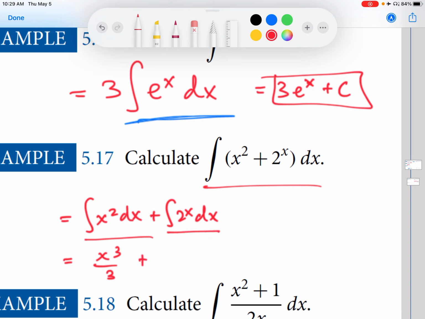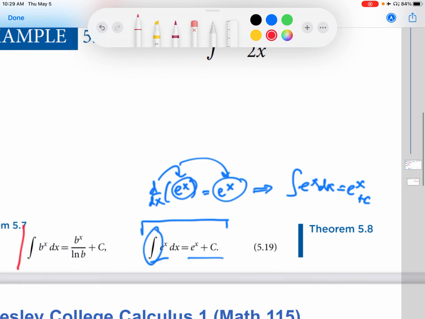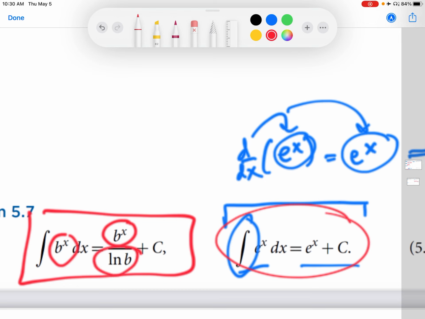And then over here, we're integrating an exponential function that is not e to the x, right? So the integral is only slightly more complicated. I'll scroll down here. There is the rule down there. Zoom in a little bit. So if I integrate an exponential function in general, not just e to the x like we did over here, the answer is the exponential function divided by the natural log of the base.